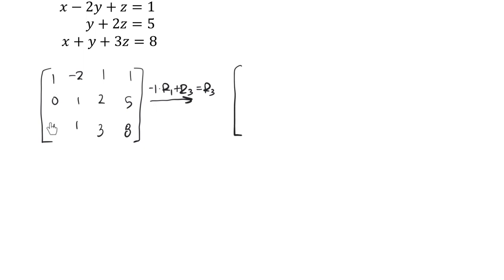That's going to make a negative 1 plus 1, which is 0. That's going to make a positive 2 plus 1, which is 3. That's going to make a negative 1 plus 3, which is 2. That's going to make a negative 1 plus 8, which is 7.